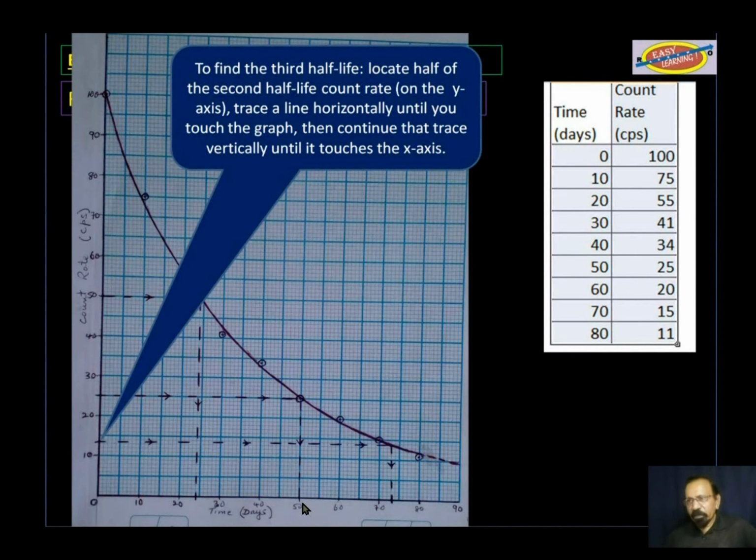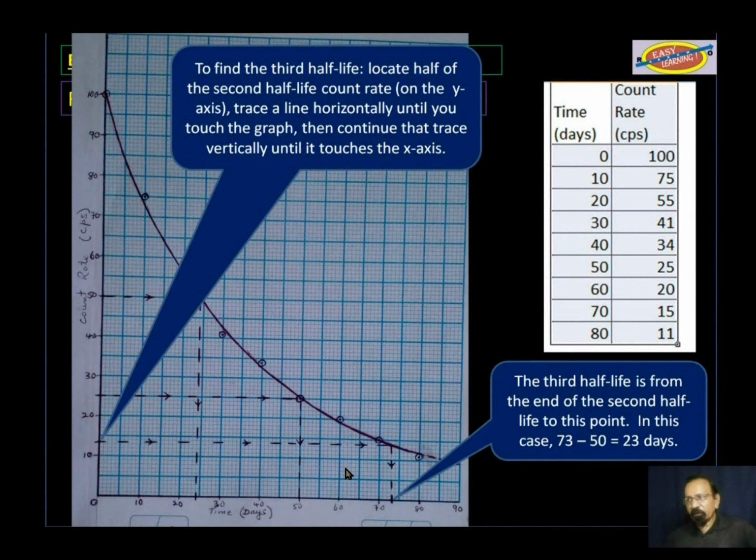And we do the same thing for the third half-life. So from 25, we go down to 12 and a half, come across here, come down here, and this point here is 73.